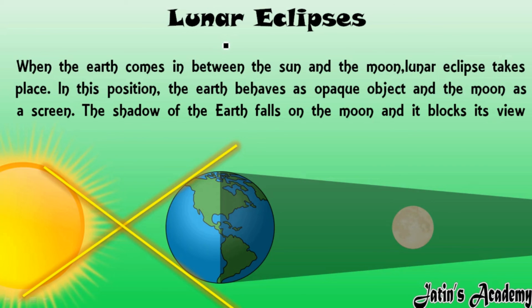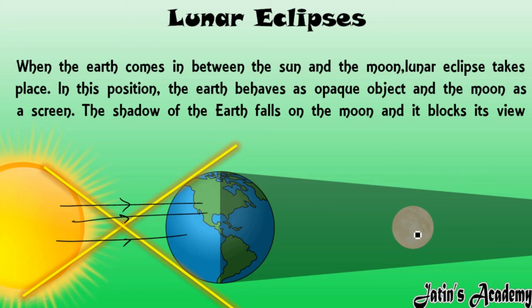Next we have lunar eclipses. What do we mean by lunar eclipses? When the earth comes in between the sun and the moon, in that case lunar eclipses are there. Here the sun is acting like a source of light, the earth is acting like an opaque object and the moon is acting like a screen. Whenever the light radiations from the sun fall on the surface of the earth, the earth blocks them. So whatsoever total light radiations are blocked by the earth's surface, in that case the umbra region is there on the moon.